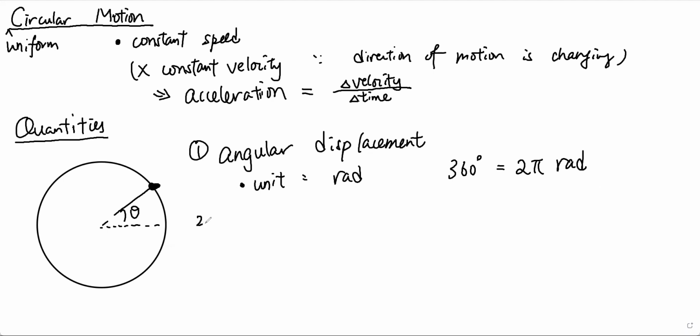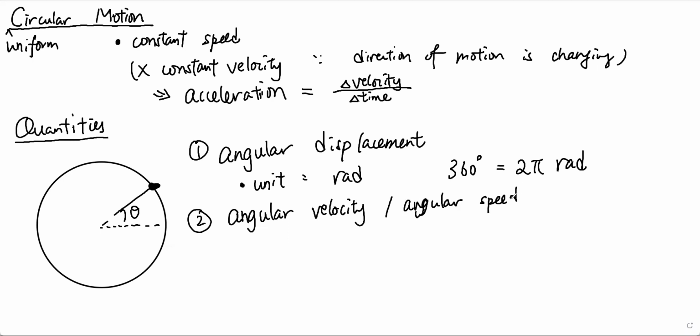And then the second one, we want to know how fast the angle changes. So we have another term, we call the angular speed or angular velocity. In your syllabus, you don't need to know the differences between these two quantities. Actually, one is a vector, another one is a scalar.